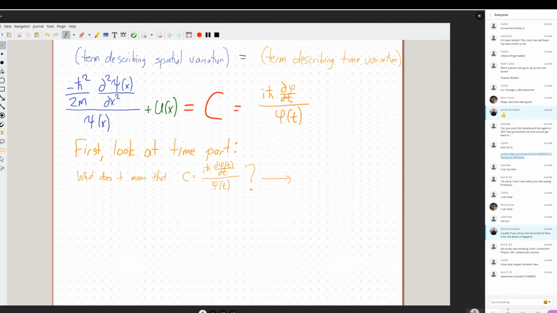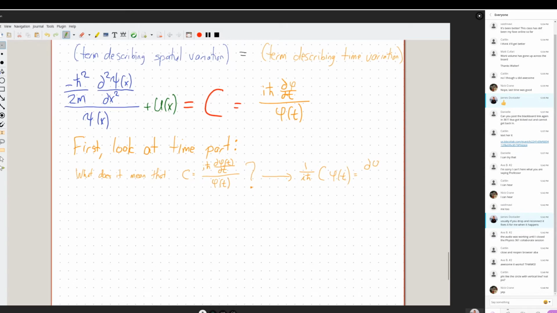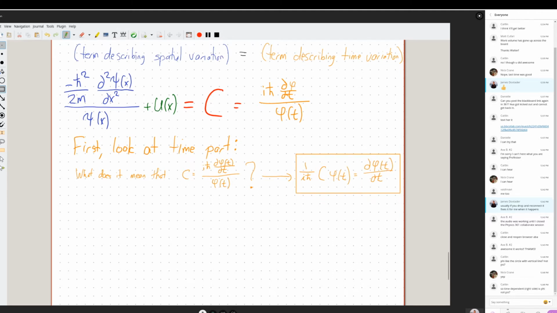So this gives me 1 over i h bar c phi of t equals the partial derivative of phi, I keep doing that, with respect to time. So now I've got an equation that I have a fighting chance to solve because it's only got derivatives with respect to one variable. Yes, Caitlin.